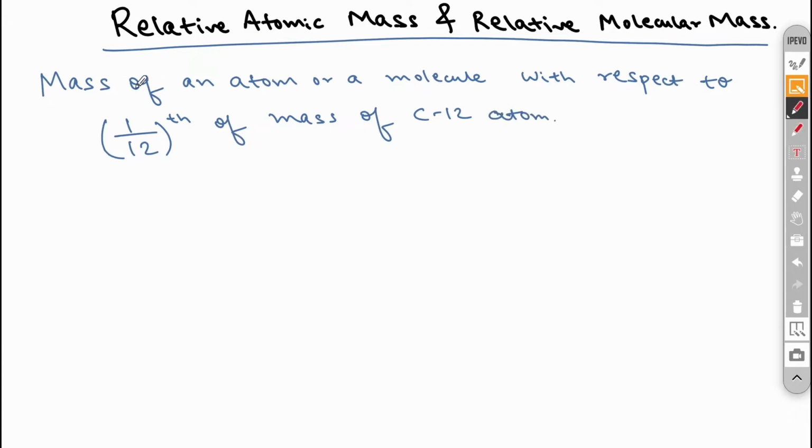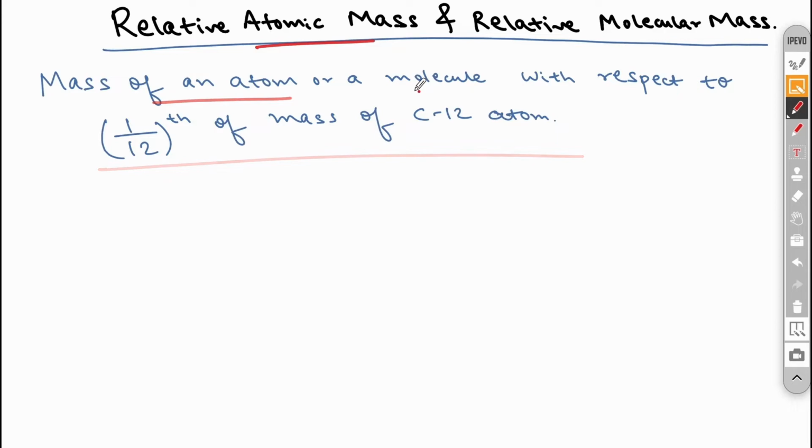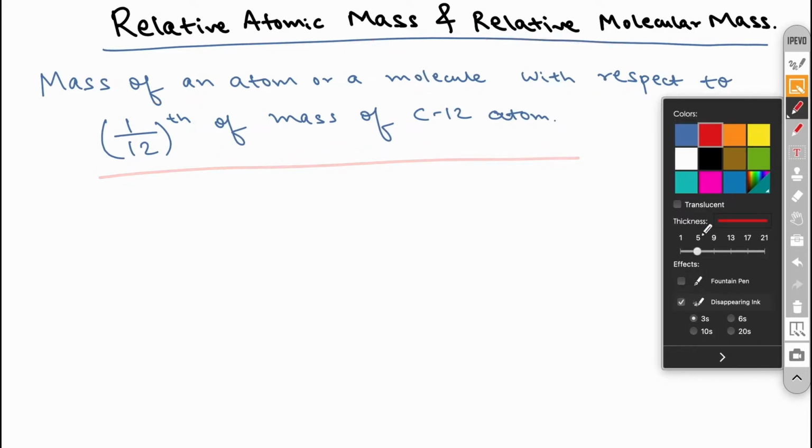So this is the simple definition: relative atomic mass and relative molecular mass is the mass of an atom or a molecule with respect to 1/12 of the mass of a C12 atom. For an atom, relative atomic mass; for a molecule, relative molecular mass.